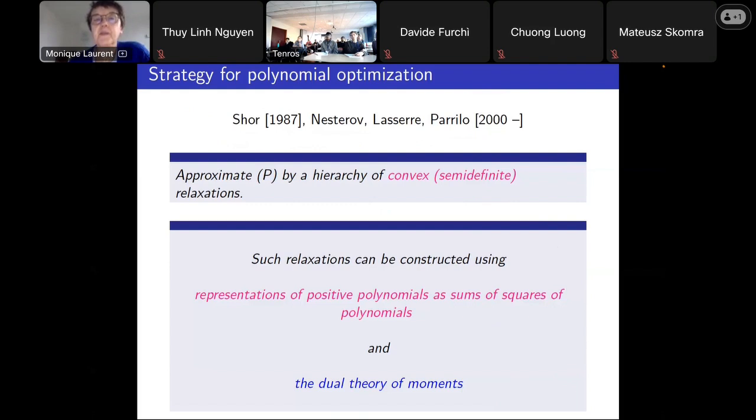So this whole technology of approximating polynomial optimization using sums of squares and the dual theory of moments is now about 25 years old. It started with work by Shor, and then it was taken up by early work by Nesterov, Lasserre, Parrilo from 2000, and the field now has a very broad literature.